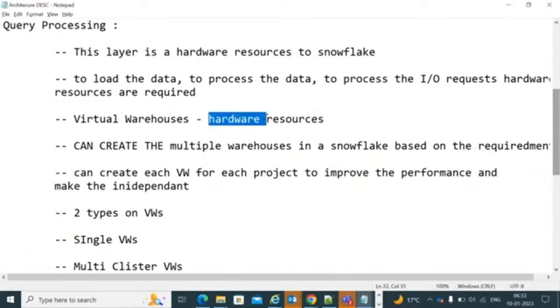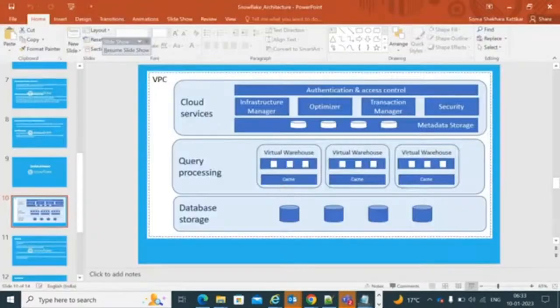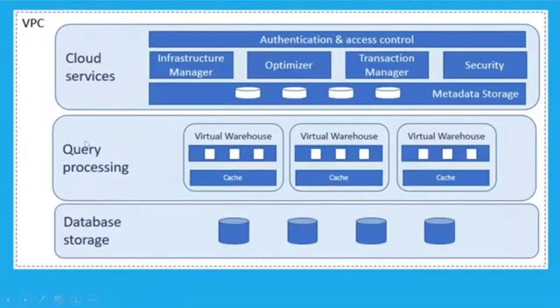You can create multiple virtual warehouses or hardware resources. Till here you are clear? See, this query processing layer is the virtual warehouse, which is the compute layer, and these are the hardware resources for your Snowflake. They are required to process all your requests in Snowflake.